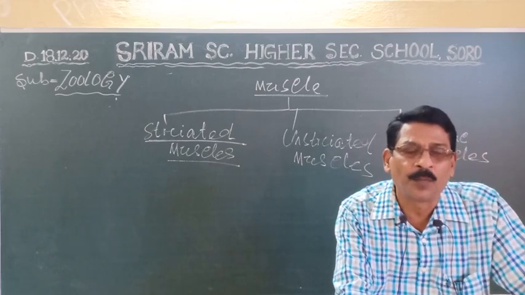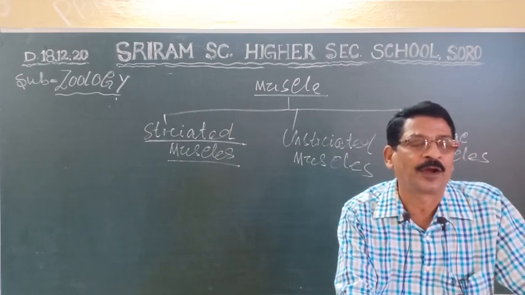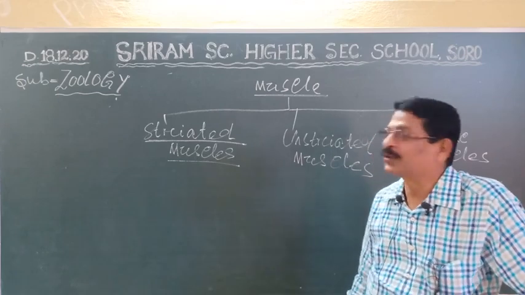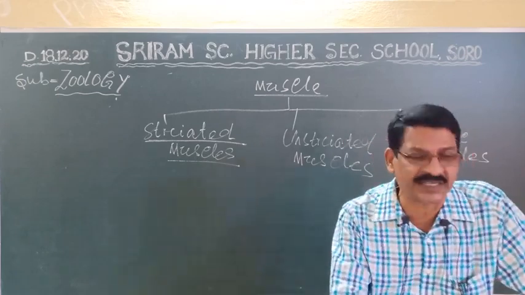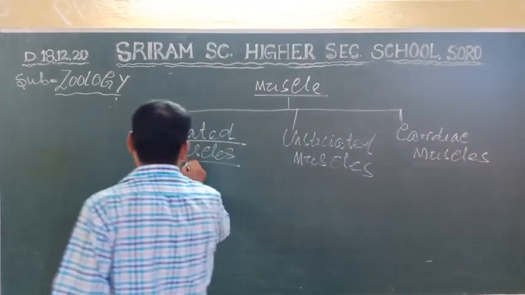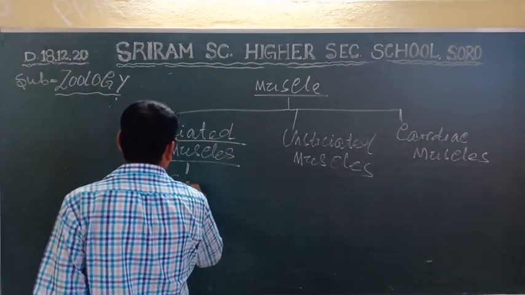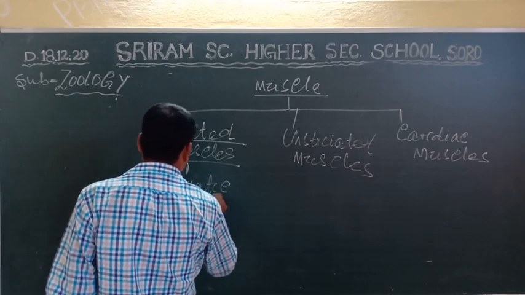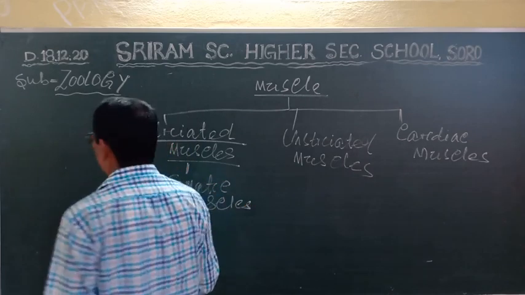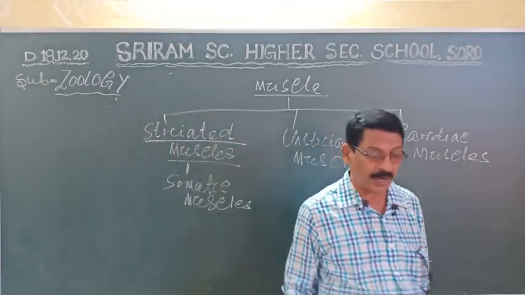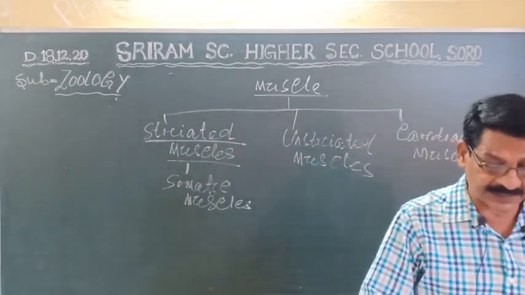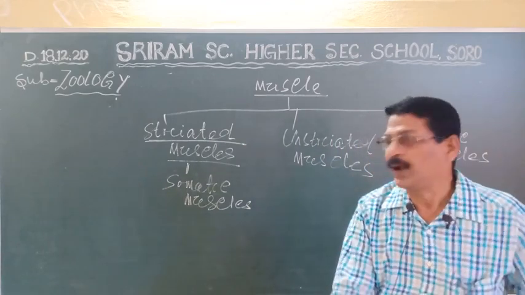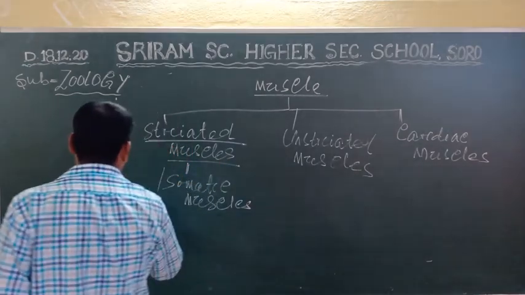And most of the body parts are controlled by this muscle, so it is called somatic muscle. It has many names. It is otherwise called skeletal muscle.